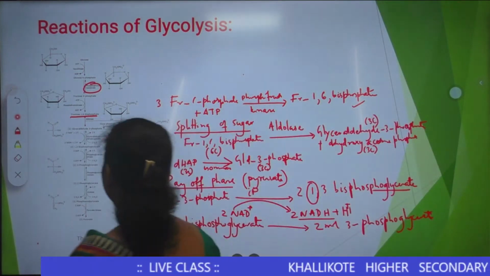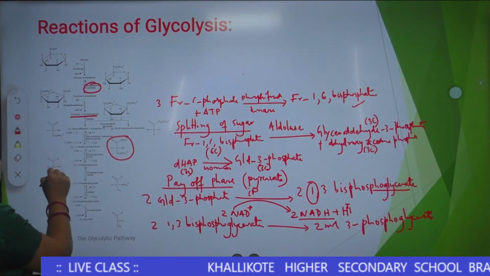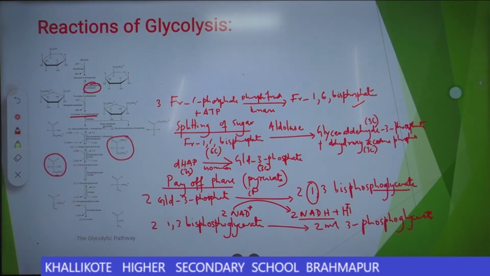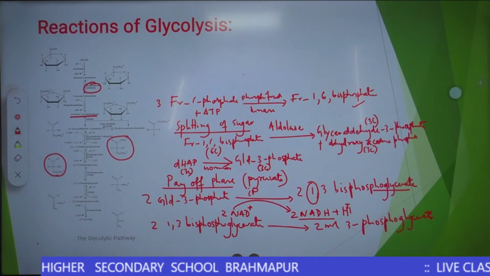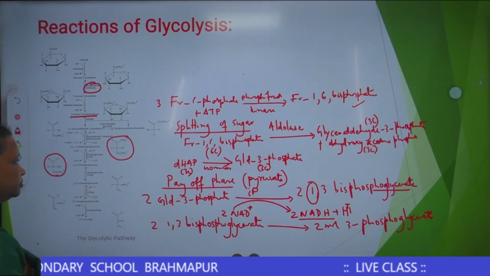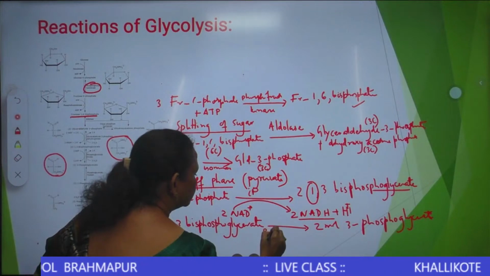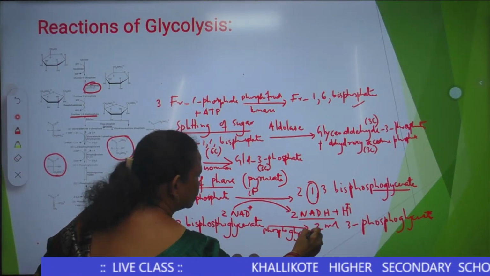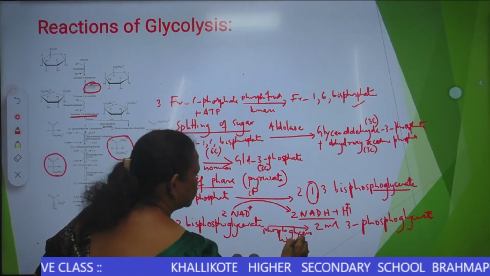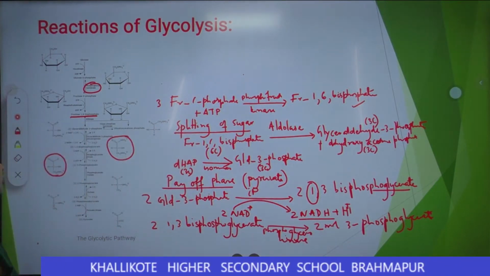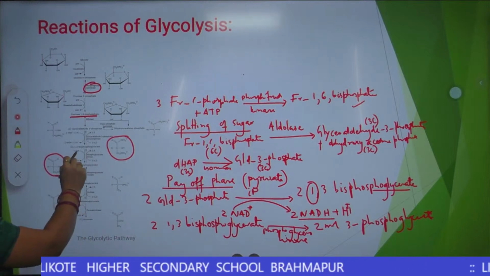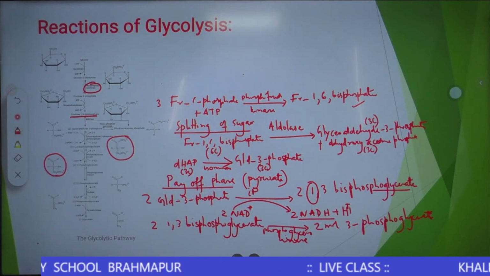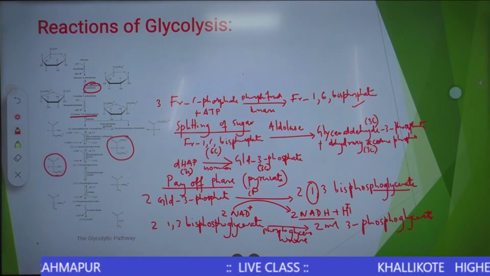So, 2 molecules of 3-phosphoglycerate are formed, and the enzyme is phosphoglycerokinase. Here you can see that 1,3-bisphosphoglycerate is getting converted into 2 molecules of 3-phosphoglycerate.